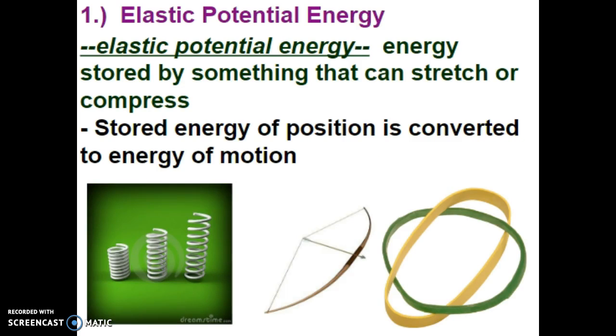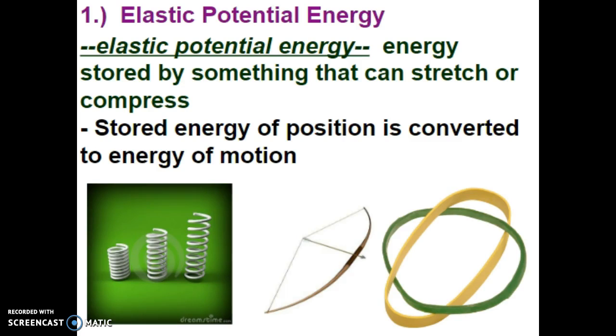Elastic potential energy is energy stored by something that can either stretch, as in like a rubber band or a bow and arrow, or it can compress like a spring. So in potential energy, the stored energy of that position is converted to kinetic energy, or the energy of motion.